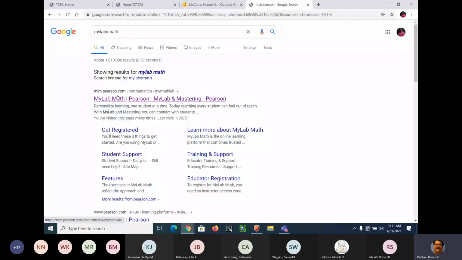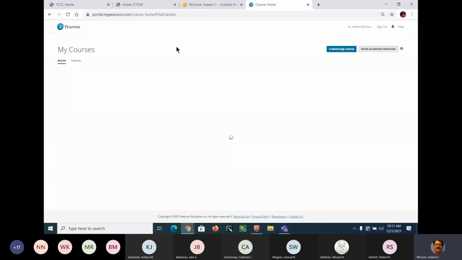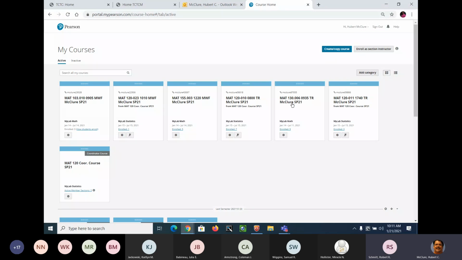You can sign in without going through Blackboard, and your course will be right there. So make sure you register through Blackboard. Why Tri-County wants you to do that, I don't know, but that's the way they want you to do it.